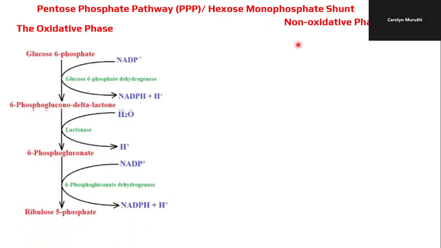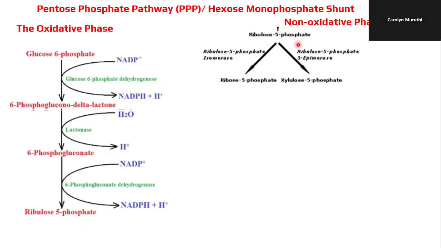In the non-oxidative phase, the ribulose 5-phosphate can undergo isomerization, generating ribose 5-phosphate through the action of ribulose 5-phosphate isomerase. It can also undergo epimerization to form xylulose 5-phosphate.